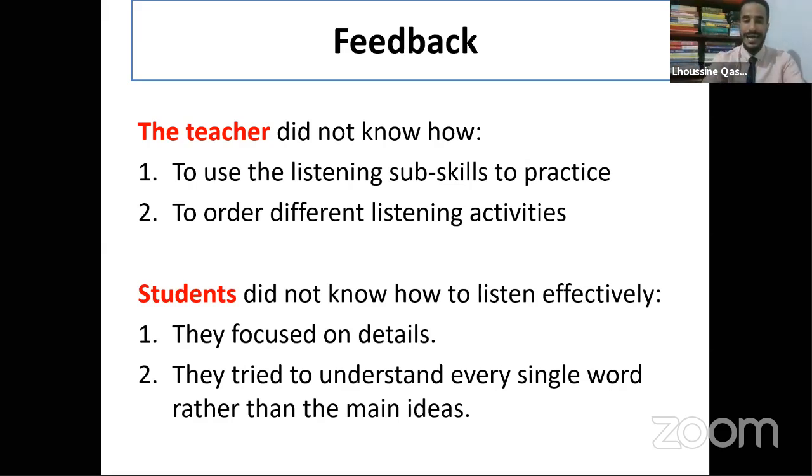Okay. Here, for students, they did not know how to listen effectively. Why? Because they listened and listened and listened, which means they focus on details. And here we go back to the teacher's job. She did not know how to order the different listening activities. When we are teaching listening, we don't start with details.